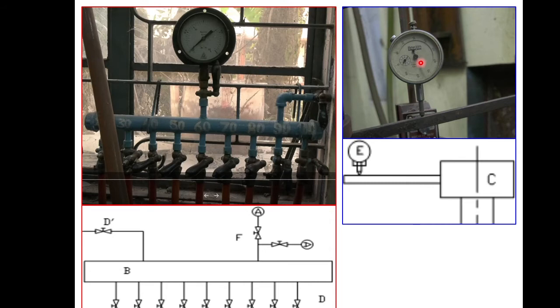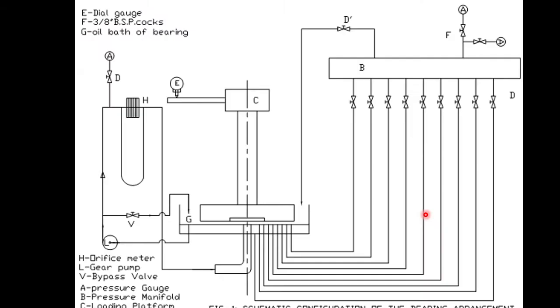Clear? So now this dial gauge can measure. This is not at an accuracy of 1 micron, but its accuracy is 10 micron. But you get dial gauges at the accuracy level of 1 micron as well. So that is what we are attaching there.